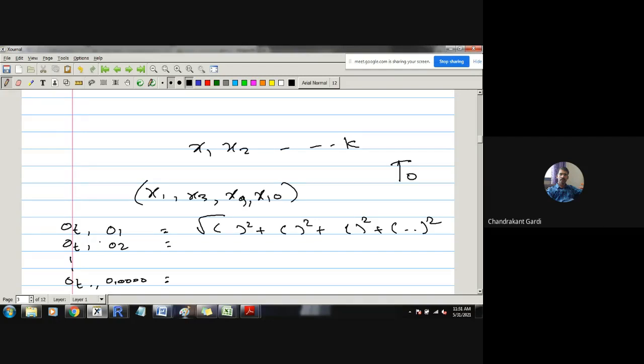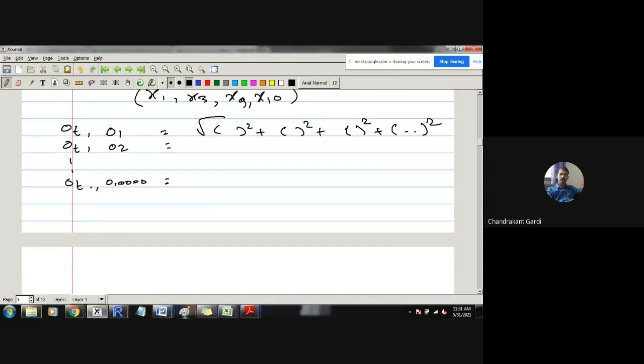Suppose we have calculated all these differences. Now we'll focus only on those differences which are less than or equal to t naught.